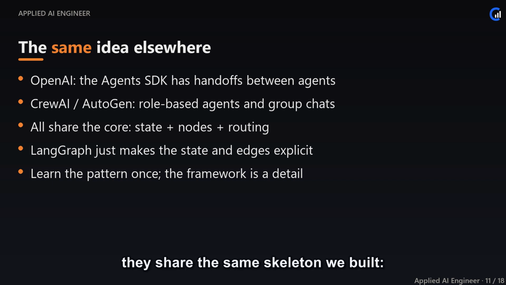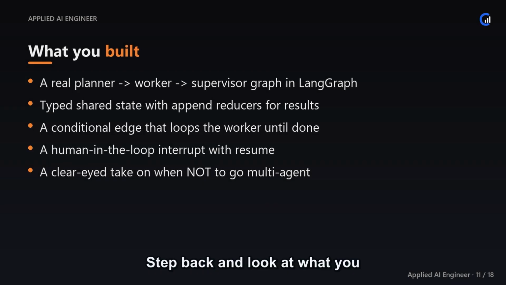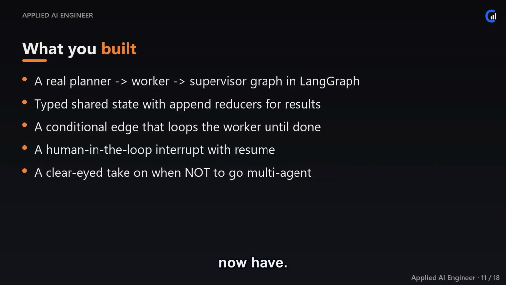Under the names, they share the same skeleton we built: shared state, agents as nodes, and a routing decision between them. LangGraph's contribution is making the state and the edges explicit and inspectable. Learn the pattern, decompose, execute, route, gate, and any of these frameworks becomes a detail you can pick up in an afternoon.